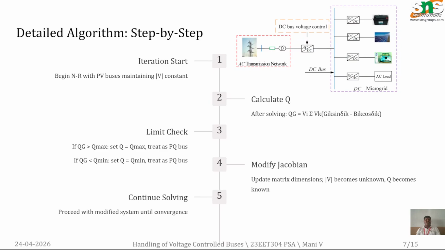Suppose the calculated reactive power is less than the minimum value, then we set the reactive power equal to the minimum value and treat it as a PQ bus, so we convert from a PV bus into a PQ bus. In the fourth step, we modify the Jacobian matrix. We update the matrix dimensions, determine the unknown values, and continue solving the power flow equations with the updated, modified system until convergence occurs.